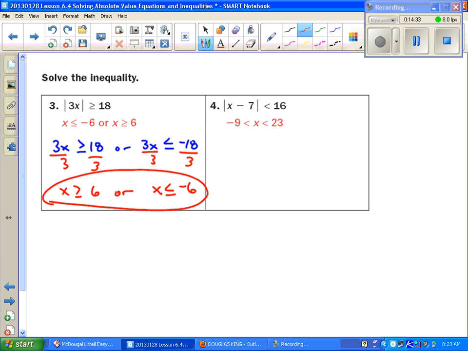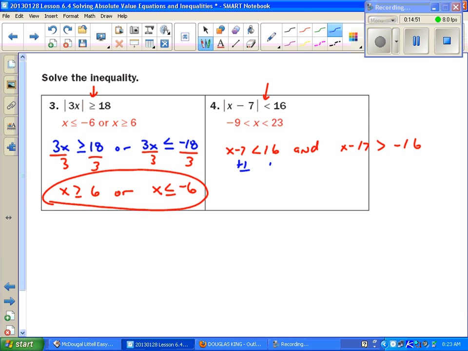Same thing with this one, except you have the absolute value of x minus 7 is less than 16. And since the first was a greater than, this is a less than, this one's now an and: x minus 7 is greater than negative 16. Remember, you want to flip the inequality and flip the sign.